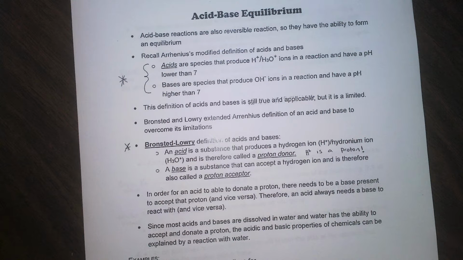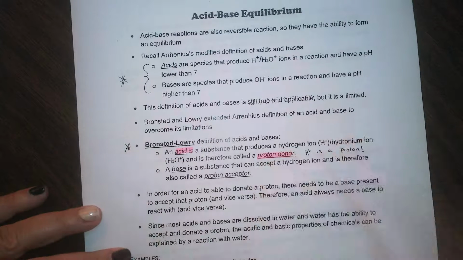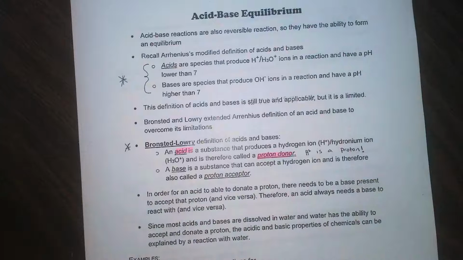Okay, so we're going to look at kind of the same concepts as redox reactions, where if you gain or lose an electron, we're going to use that same kind of idea. So an acid is a proton donor, okay, because hydrogen is a proton.